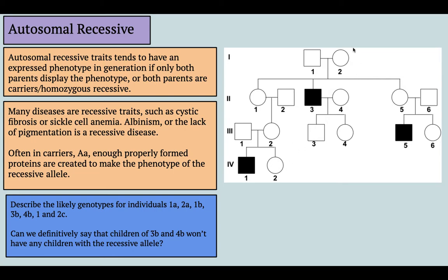So what I want you to do is describe the genotypes of 1 and 2A, that's generation A, 1B, 3B, 4B, and 1 and 2C. Sorry about that. And can we definitively say that the children of 3B and 4B won't have any children with the recessive allele? Can we definitively say that either of these individuals won't have a recessive individual as their child in generation 4?